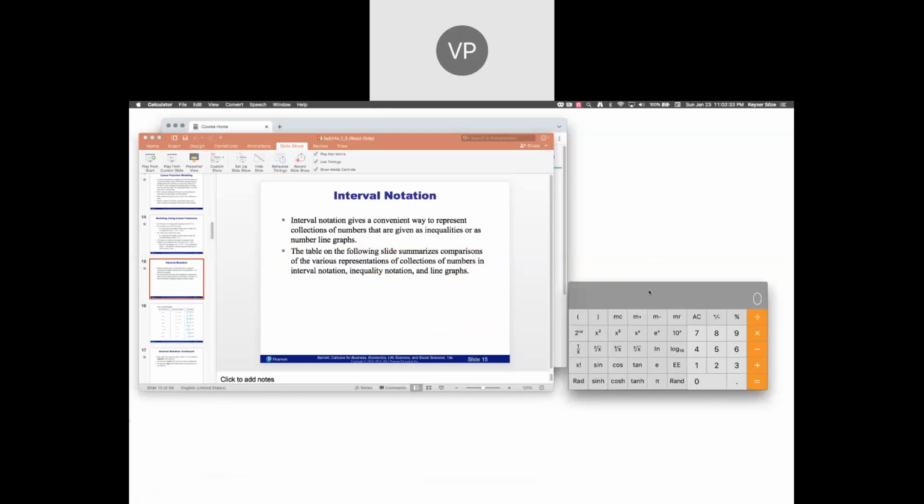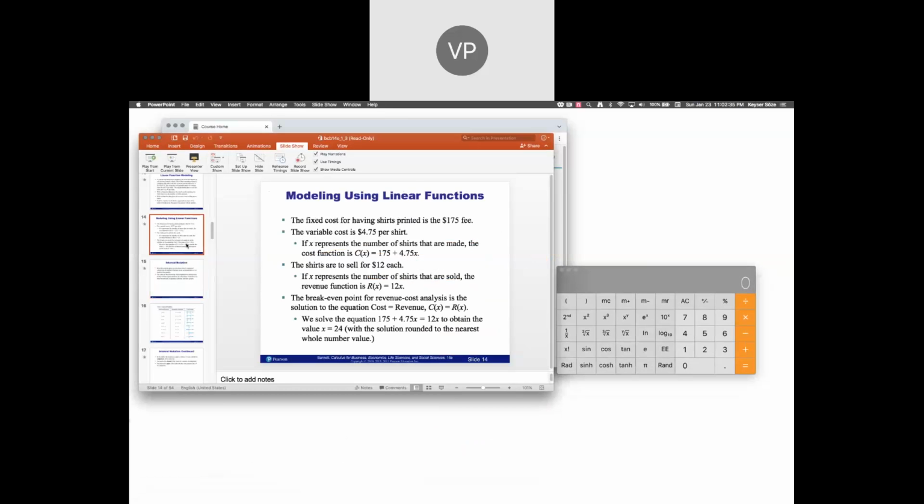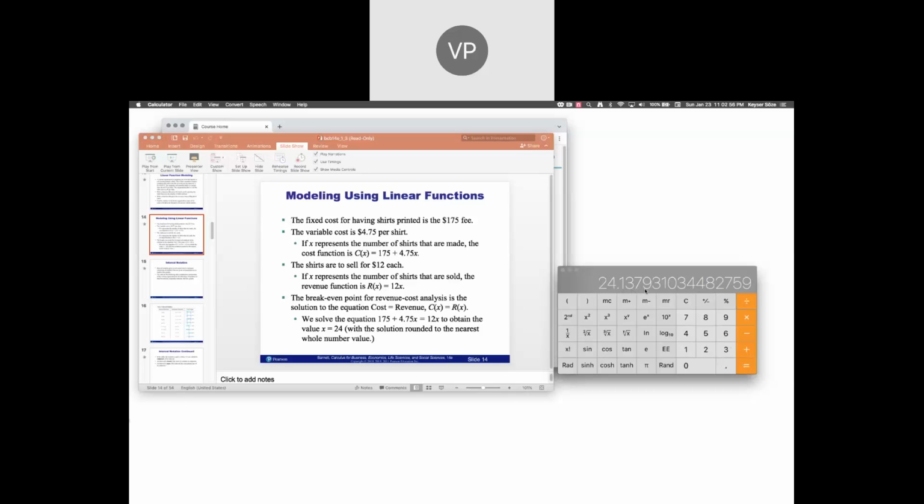Remember what I was saying: 175 divided by 7.25 gets you 24.13. So essentially, if you sell 24.1379 shirts, you'll exactly earn enough money to cover all of your costs.